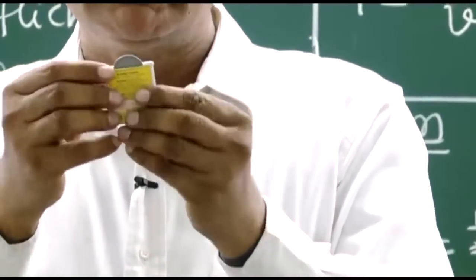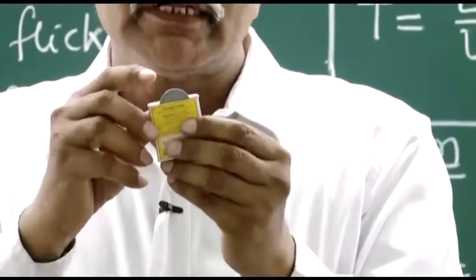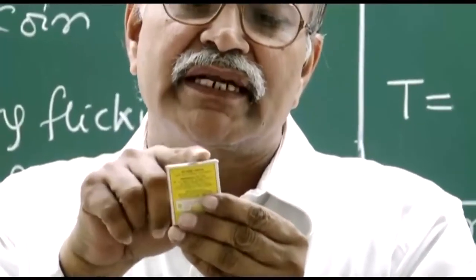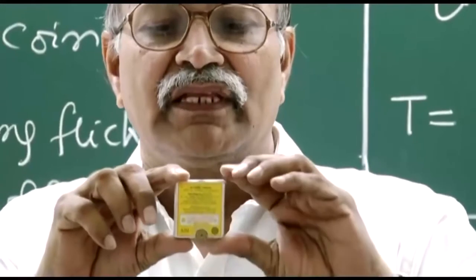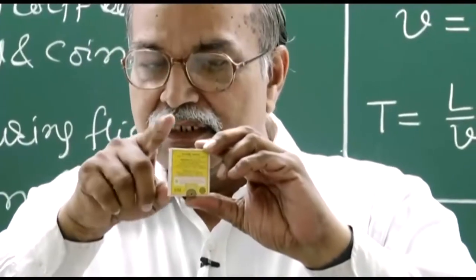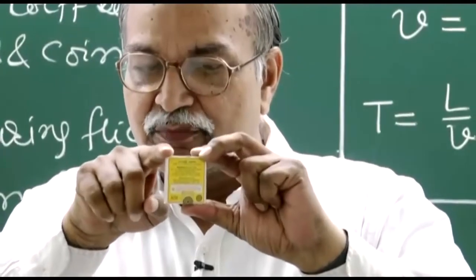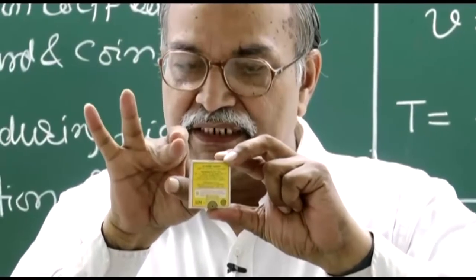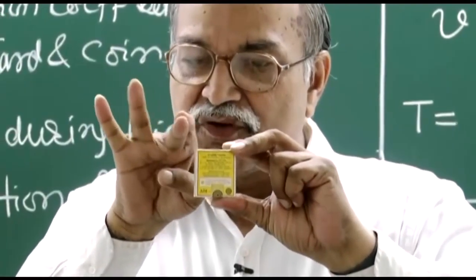So, now the coin is between this cover and the drawer, and I can push this coin so that it is at this level. Then I hold it from here and hit this other part of this matchbox with the fingers. So, let us see, and you see what happens to the coin.